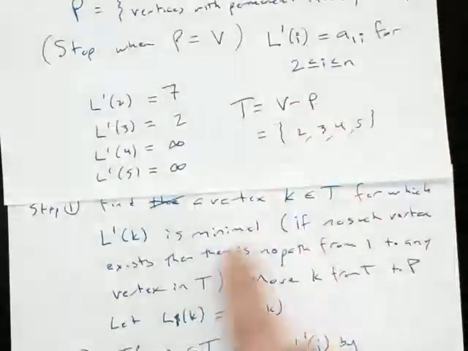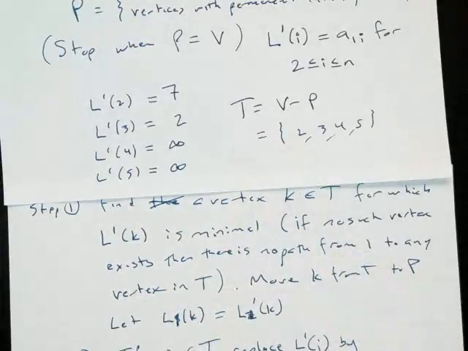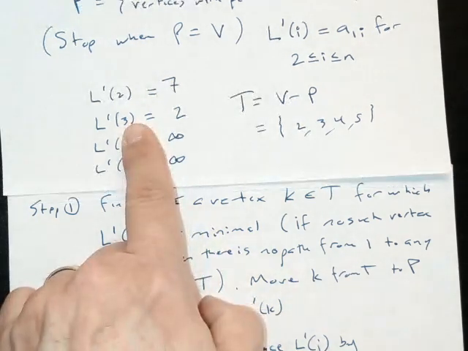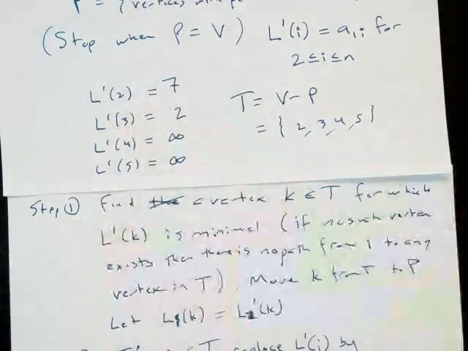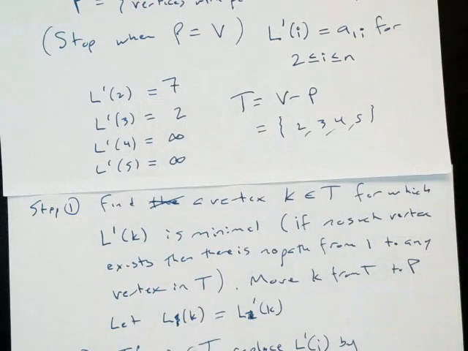Step 1, find the vertex in the temporary ones with the smallest label. Smallest label up there is? So I'm going to make that the permanent label on vertex 3.